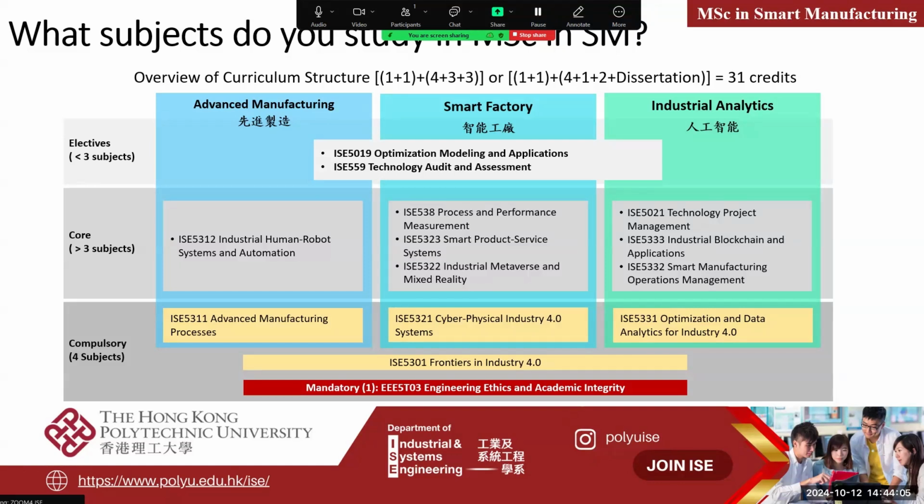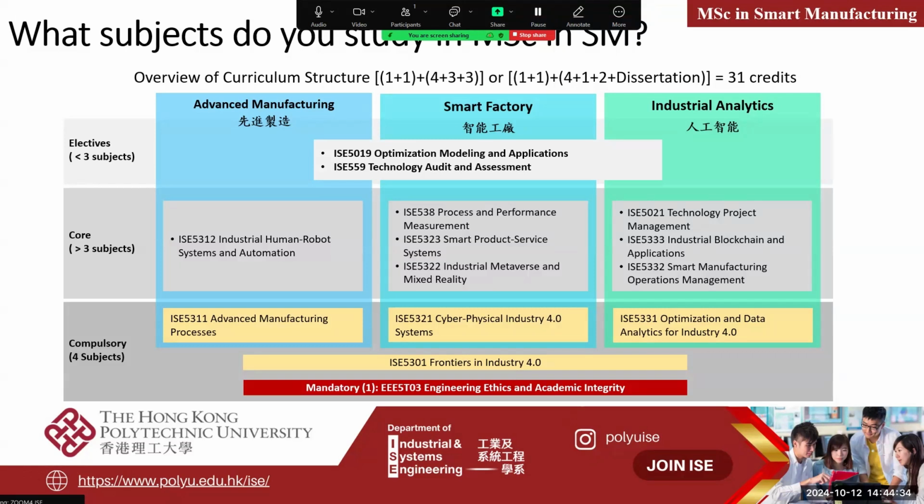The three vertical lines are very important. This is why we built this program: to let students have directions. You can go toward advanced manufacturing, and if you are more interested, you can take more courses in the smart factory. If you want to explore some AI, not the science but the application, you can select industrial analytics.